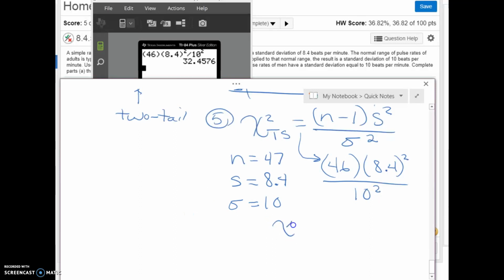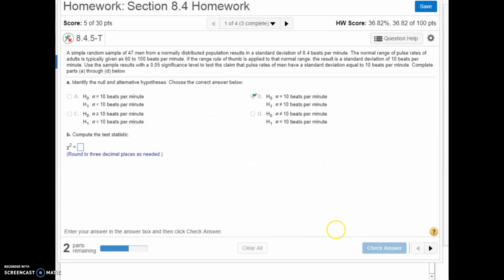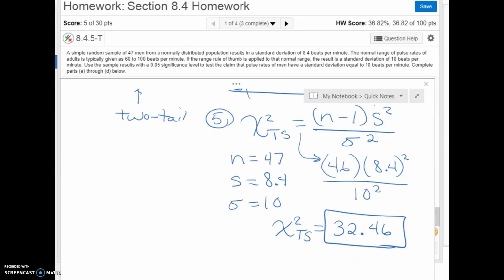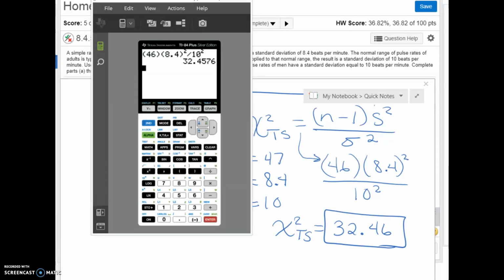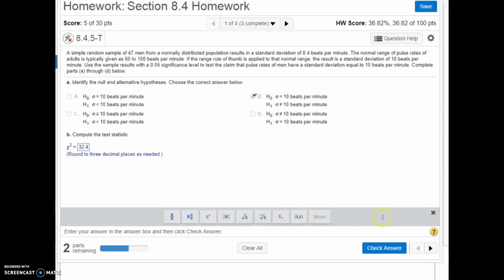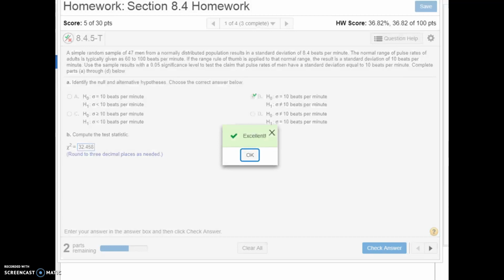So my chi-squared test statistic is 32.46. It wanted more decimal places. It wants 3, so 32.458. Let's change that. And that is your test statistic.